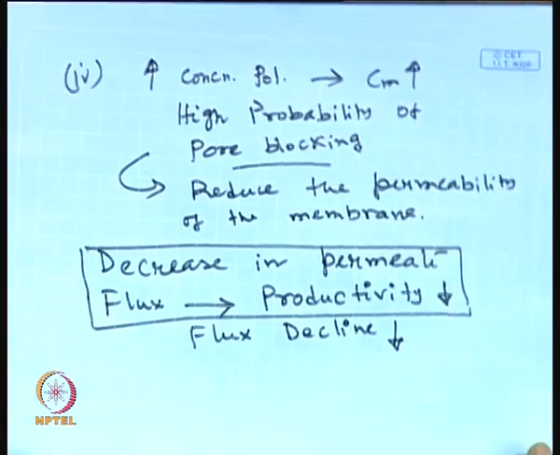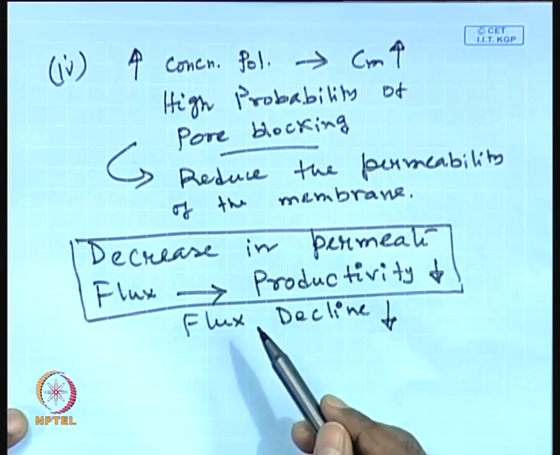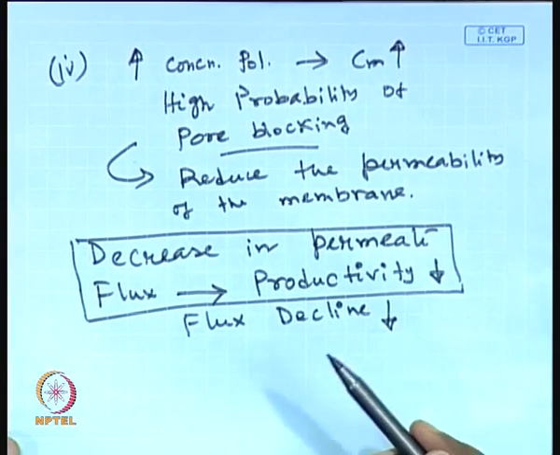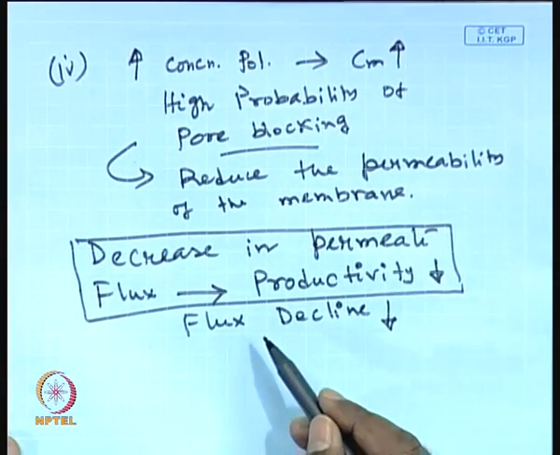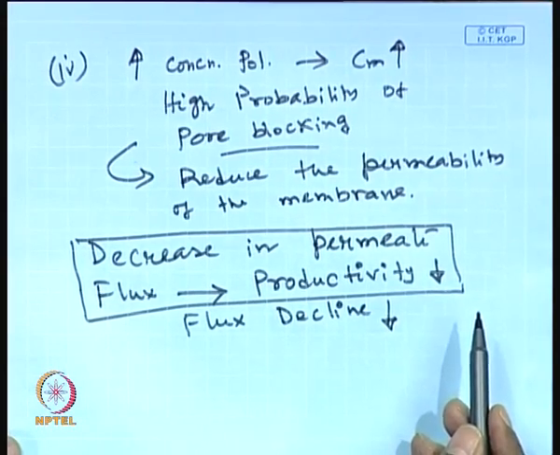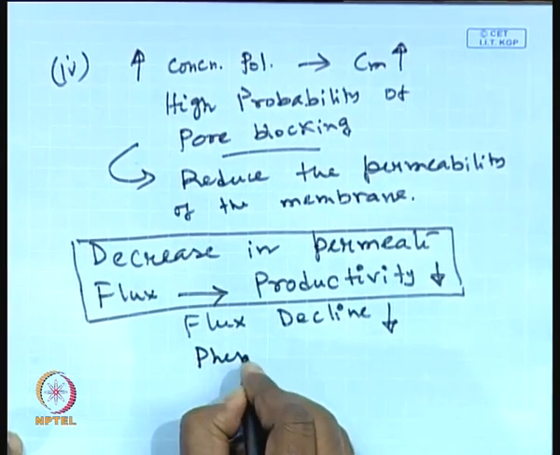In an actual process, all these phenomena can occur one at a time, more than one at a time, or all of them at a time. Because of that, the flux will decline over a period of time, and this is known as the flux decline phenomenon in the membrane process.